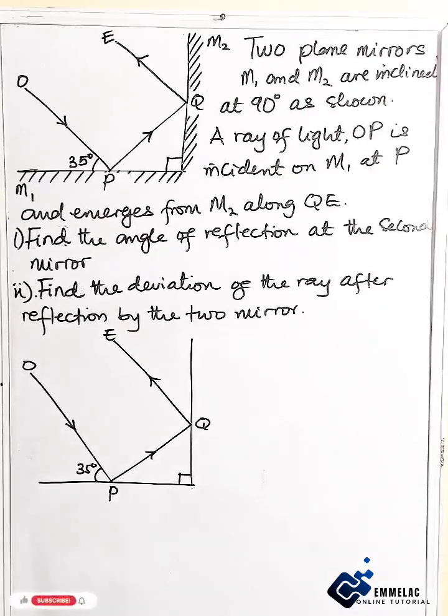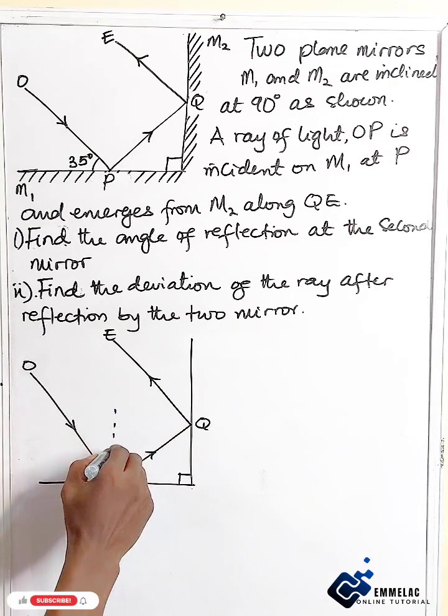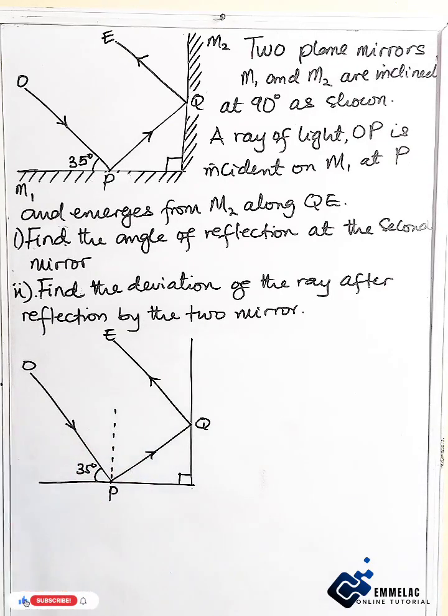Now here's the diagram. This is the ray of light, which means it actually came in here. This is the incident ray, and it strikes at P, which implies that at this point is the normal.